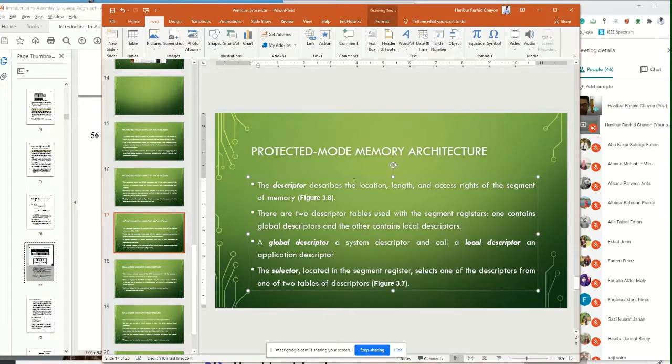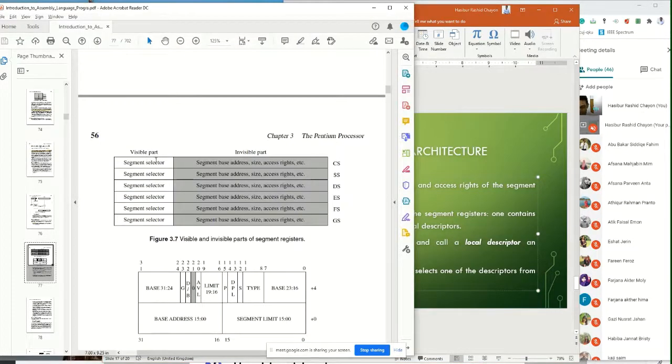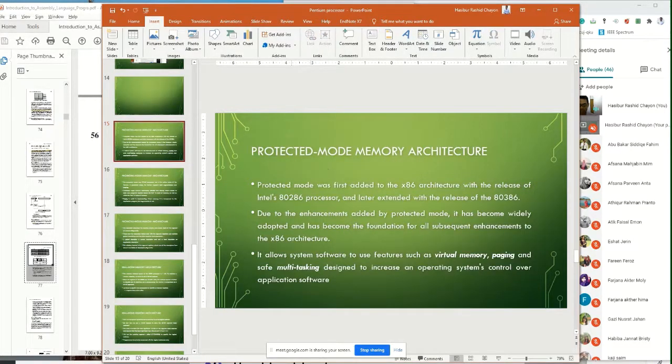So please remember that we have two extra things, descriptor and selector, and we can get the selector from these six segment registers. So again, to summarize everything about the protected mode memory architecture, it is very popular.